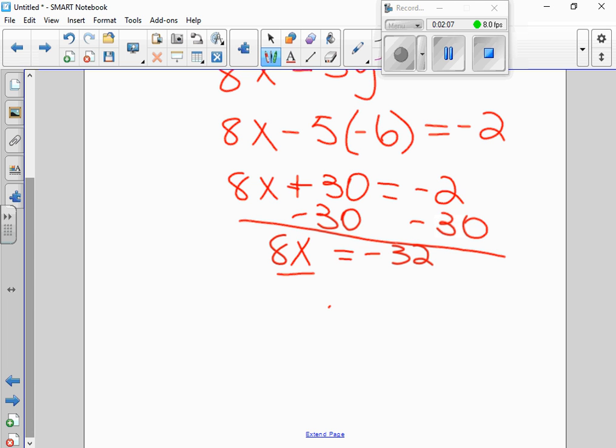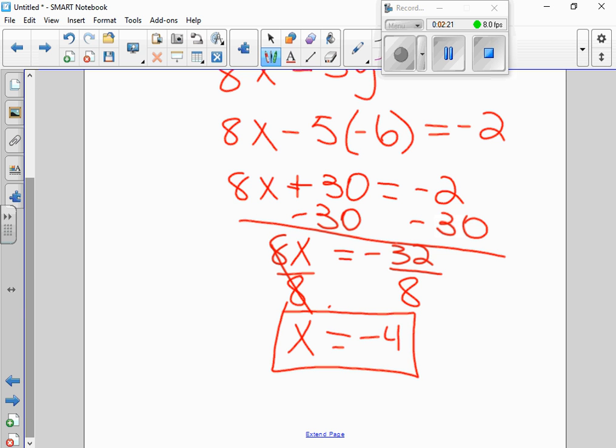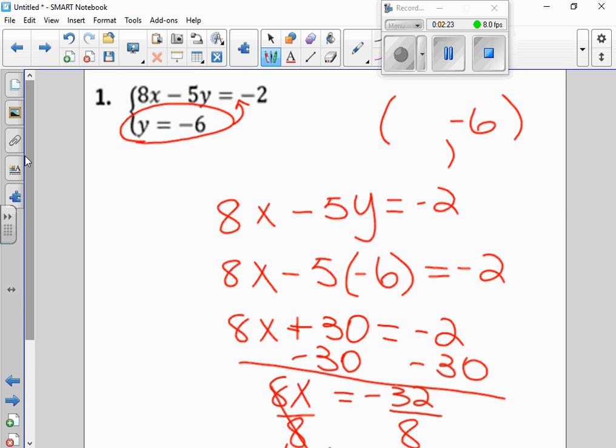To get x by itself, we divide both sides by a positive 8. The x drops down. -32 divided by positive 8 gives me a -4. So that is your x value. Now that we have our x value, we have our ordered pair or our solution to this system of equations. There is a way to check if your answer is correct.